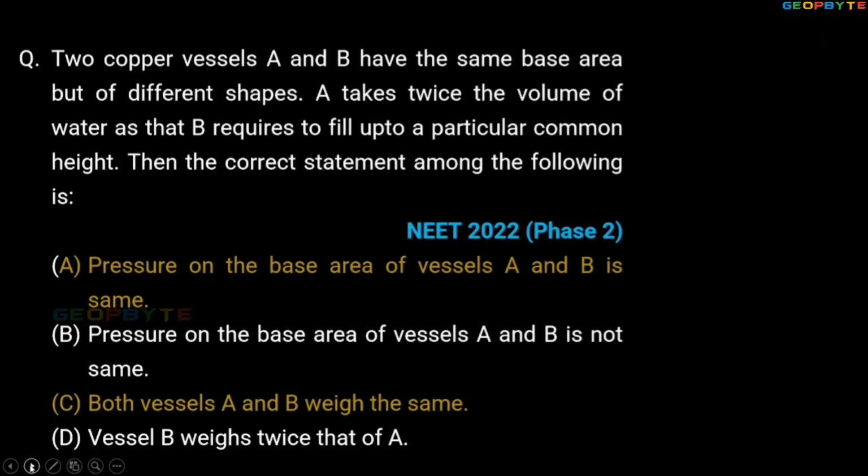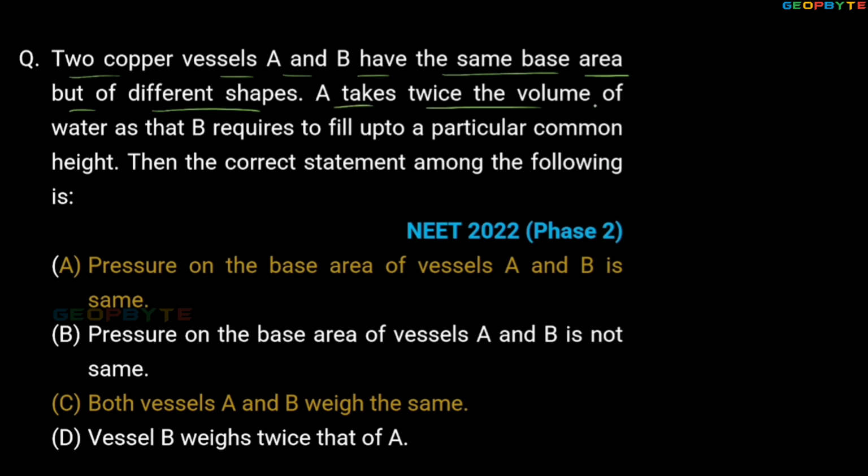Similarly, theory question. Similarly, look at another important question. It is asking like this. Two copper vessels A and B have same base area, but of different shapes. Okay, there are two copper vessels A and B maintaining the same base area but different geometric shapes.